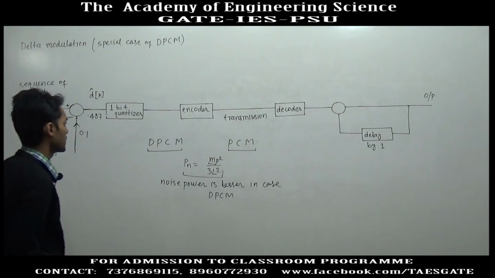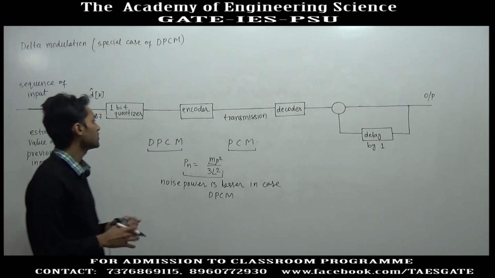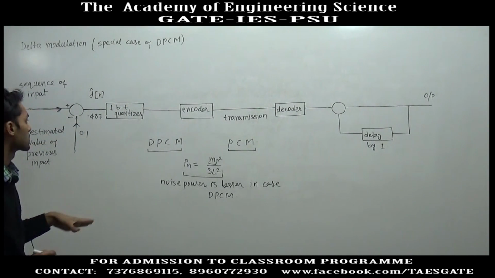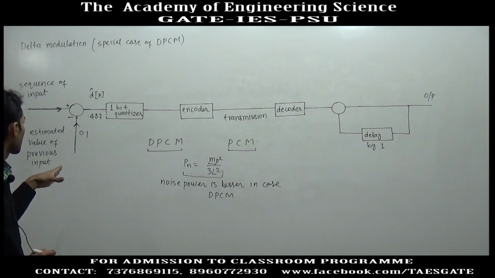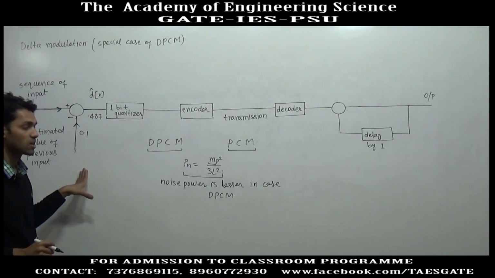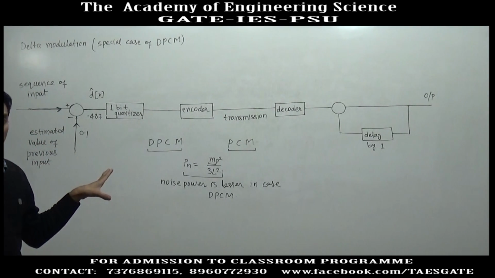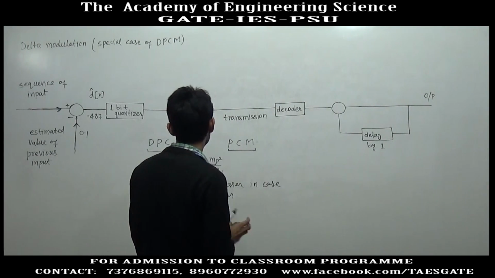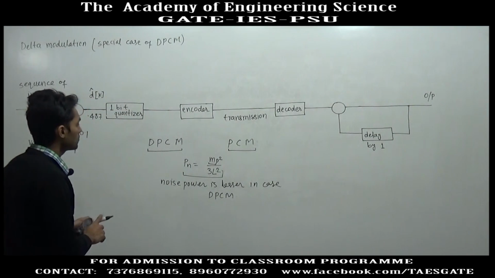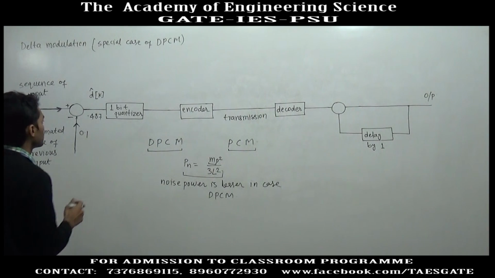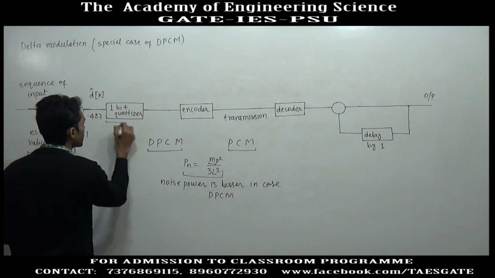Now, after studying the advantage of differential pulse code modulation, I have drawn the block diagram for the delta modulation scheme. This block diagram is not the actual block diagram as we study in the books, but it is better to understand and better to explain. To understand this block diagram and the working of delta modulation, first we will study the 1 bit quantizer.